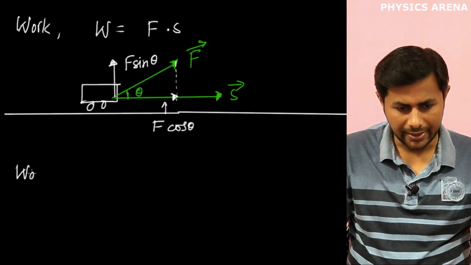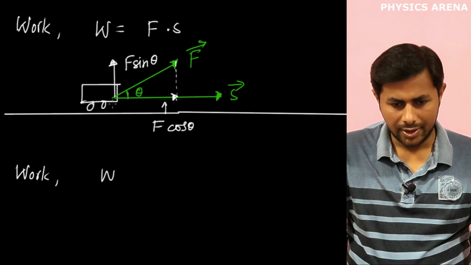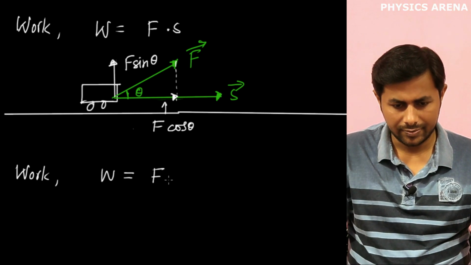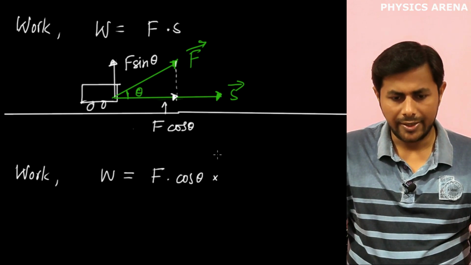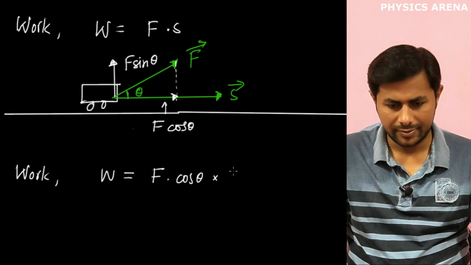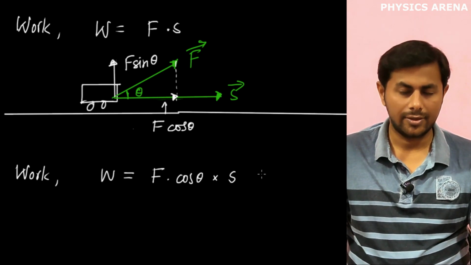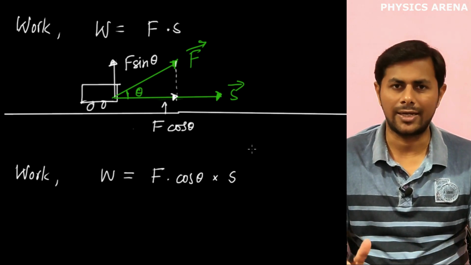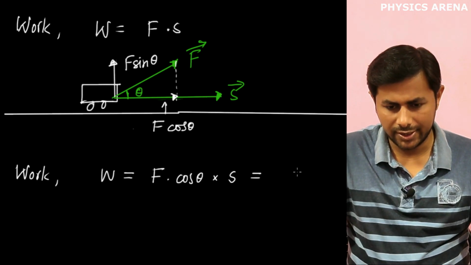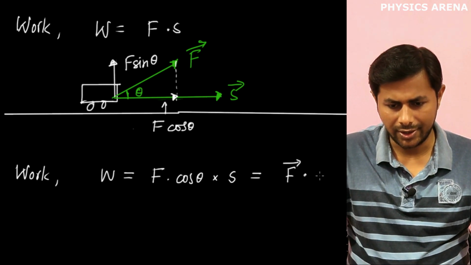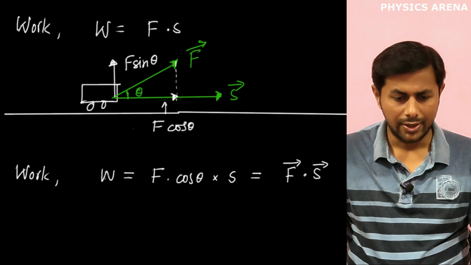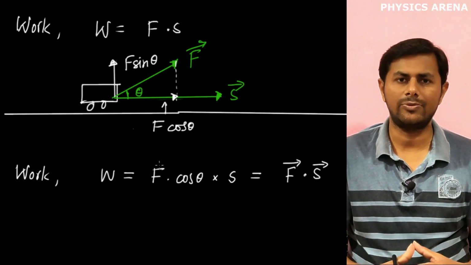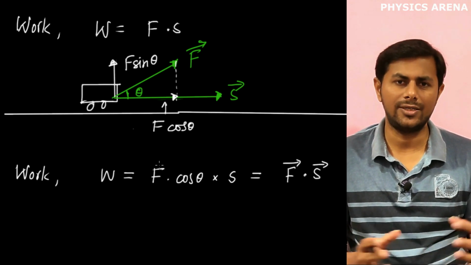Now work is defined as the component of force in the direction of displacement, which is F cosine theta, multiplied by the magnitude of the displacement S, and by definition this is the dot product between these two vectors, force and displacement. So this is equal to F bar dot S bar. This is the definition of work for the three-dimensional case, and if we substitute theta equals 0, we get the one-dimensional case.